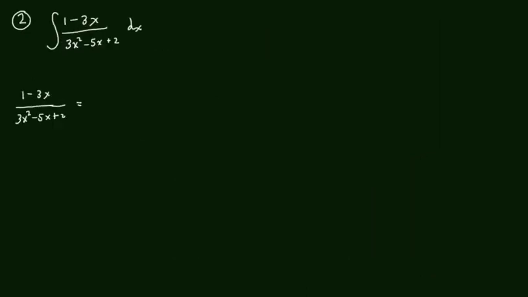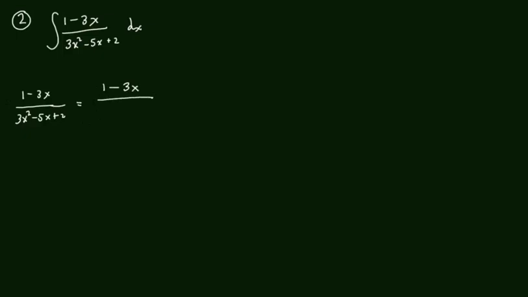Let's take a look at example 2. That's 1 - 3x in the numerator and 3x² - 5x + 2 in the denominator. Alright, you may want to press pause, give it a try, and then follow along. First step, we need to factor the denominator.